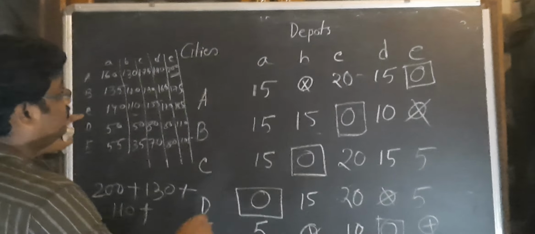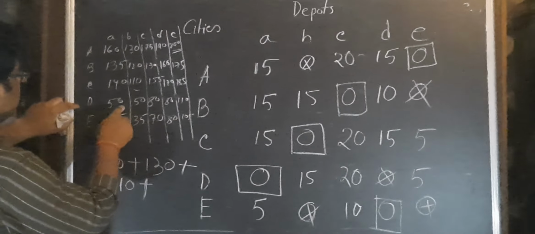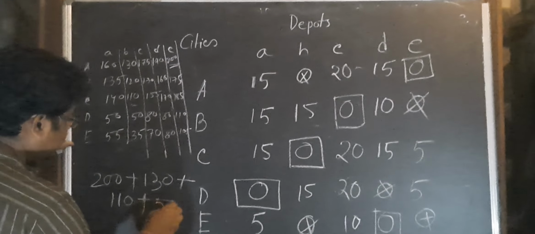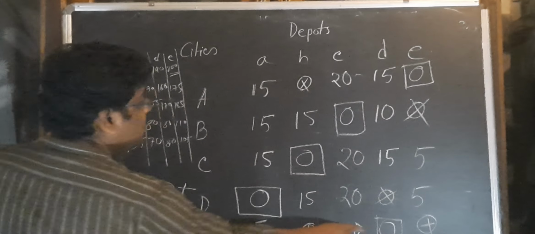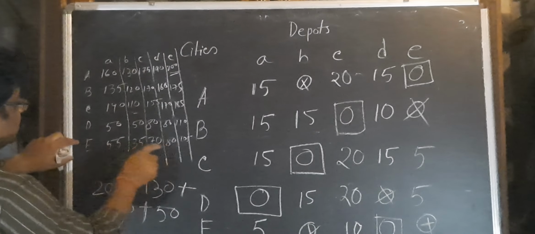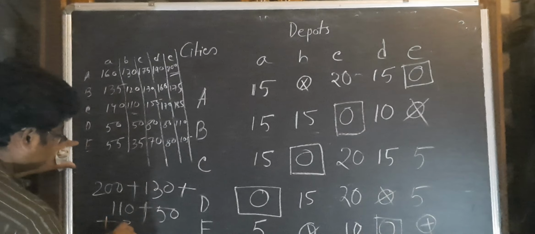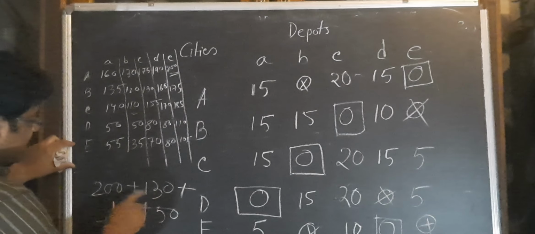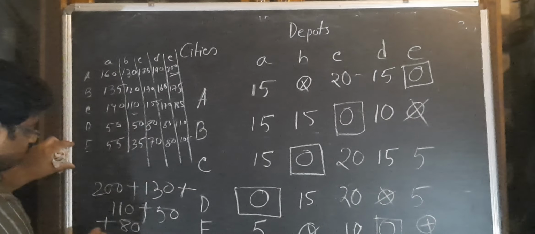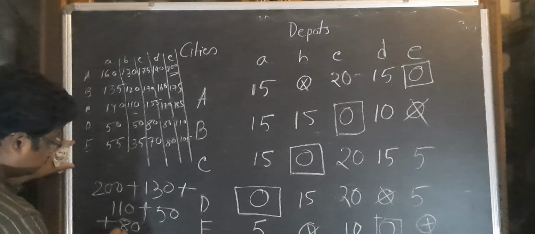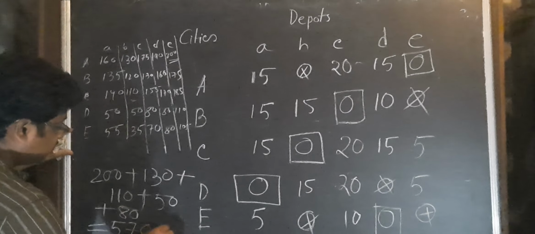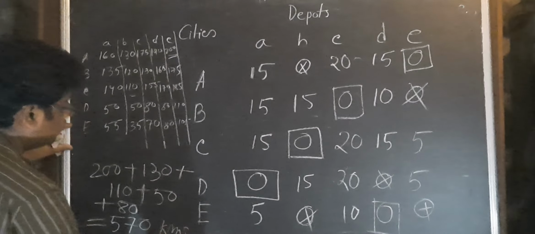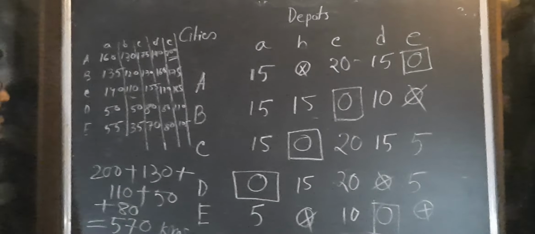Then D and A is 50, plus 50, plus E and D is 80. If we add all these values, then we have 570 kilometers. So this is our answer.